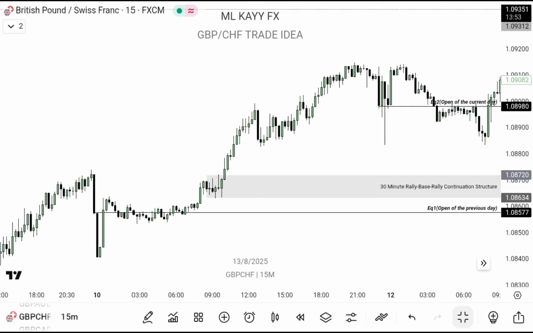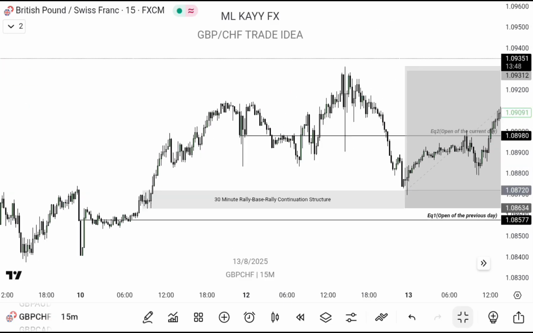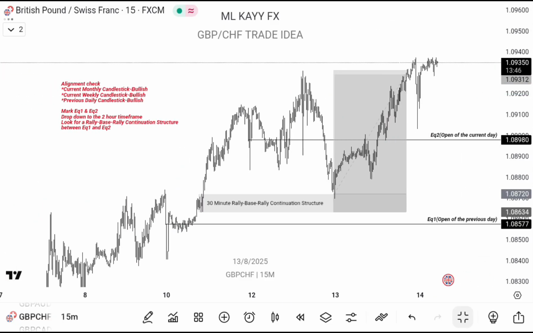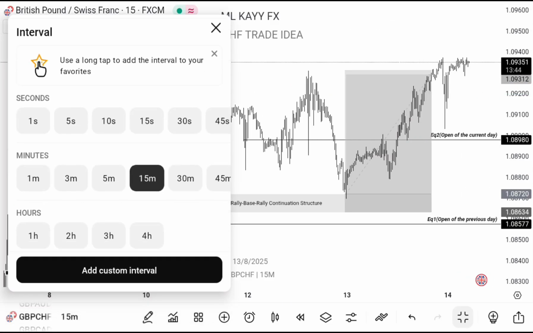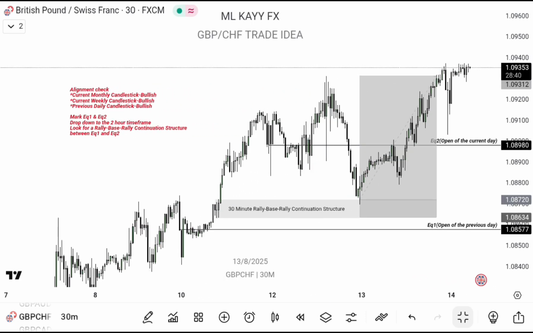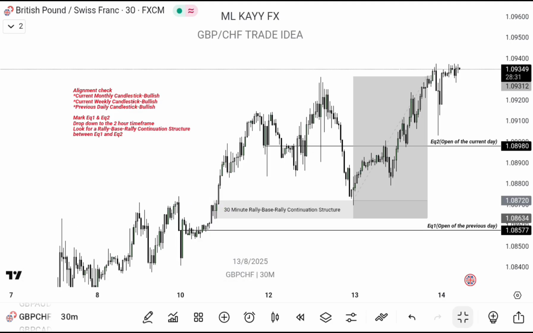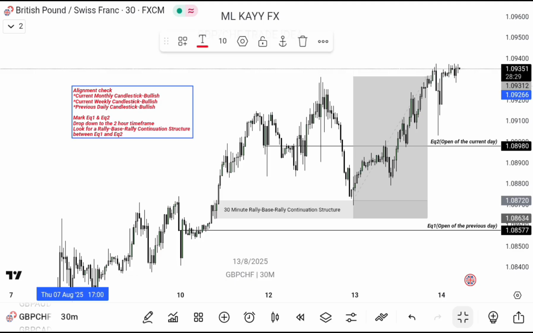before actually considering this as a complete setup. All right, so I was just dropping down to the 15-minute time frame to verify if that's a proper rally base rally that we have over there, right? So now let's check some extra factors that we can use to strengthen our setup.